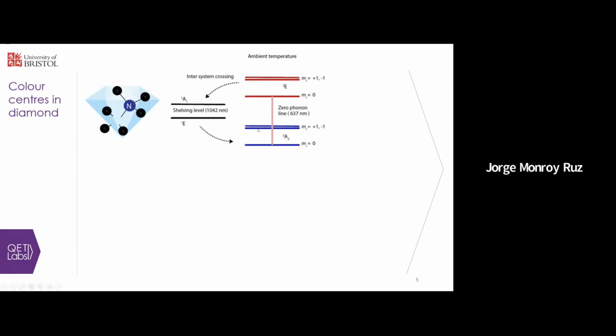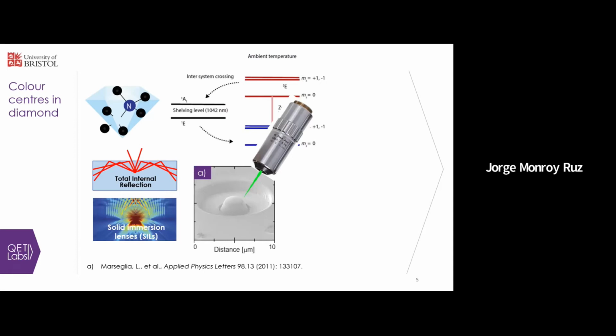And if you want to recover a photon in a high refractive index medium like diamond, you have an issue because of total internal reflection. But some of these issues have been addressed by shaping the diamond into solid immersion lens structures.